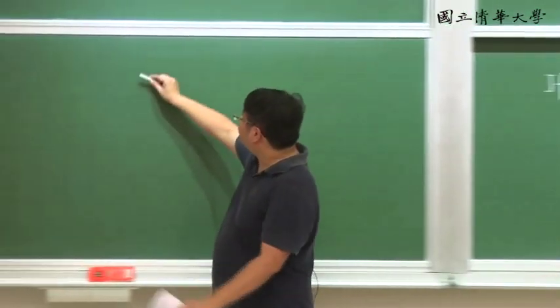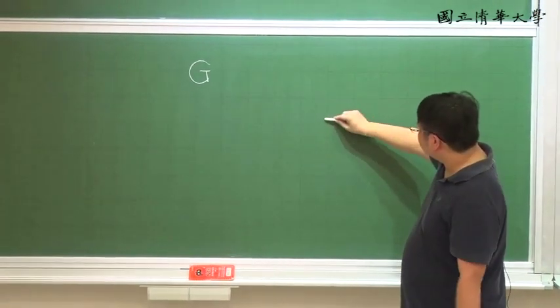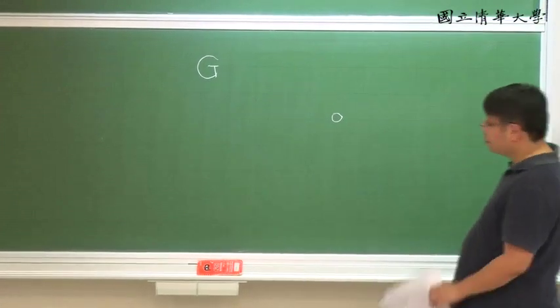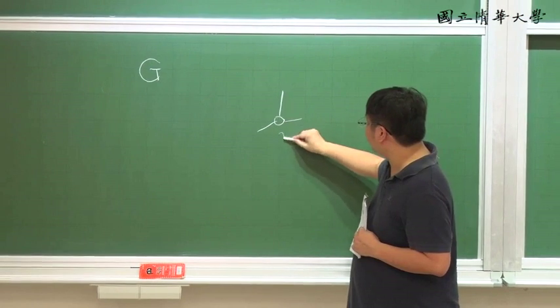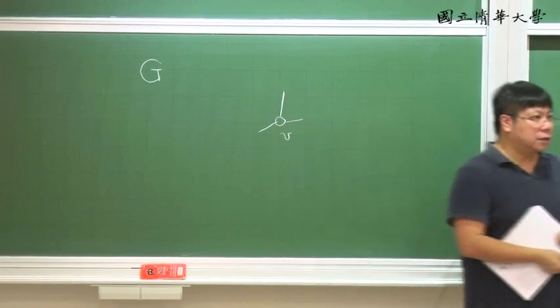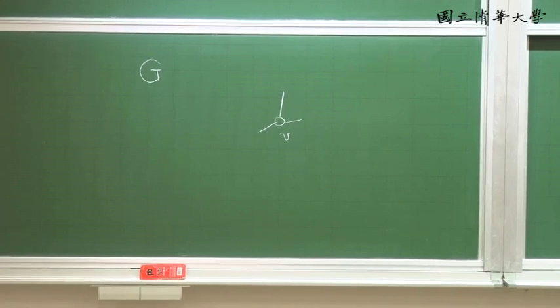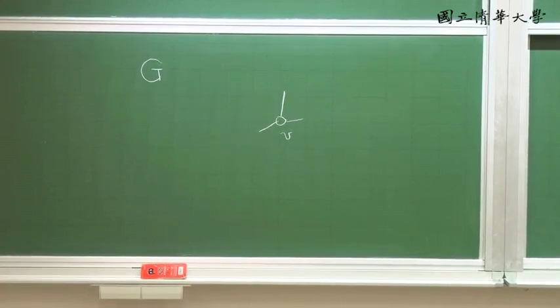So we have a planar graph, and we know that there is a vertex that is of degree less than or equal to 5. Let's call it V. We are going to show by induction that all planar graphs can be colored using 5 colors.